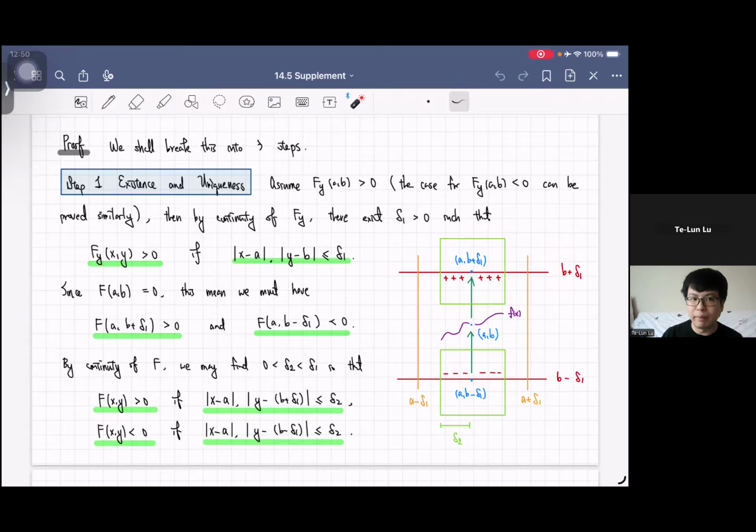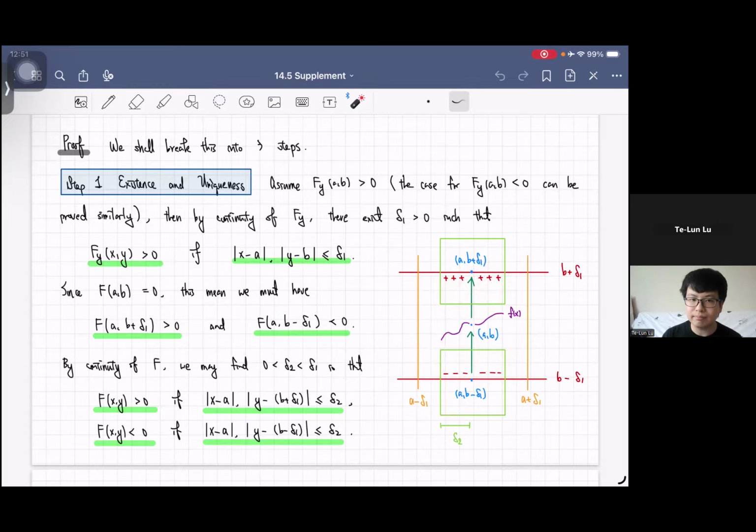So for now, based on the information of f(a,b) being 0 and Fy(a,b) being positive, we can understand the function in this sense. First of all, this is 0. You can find a small delta 1 and possibly delta 2 so that this small box has positive function value, and this small box has negative function value.